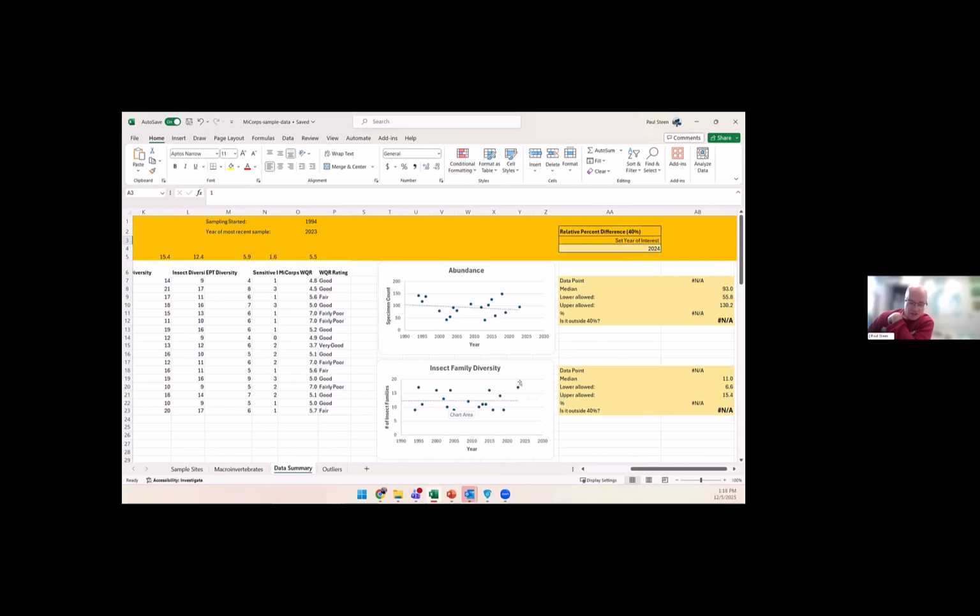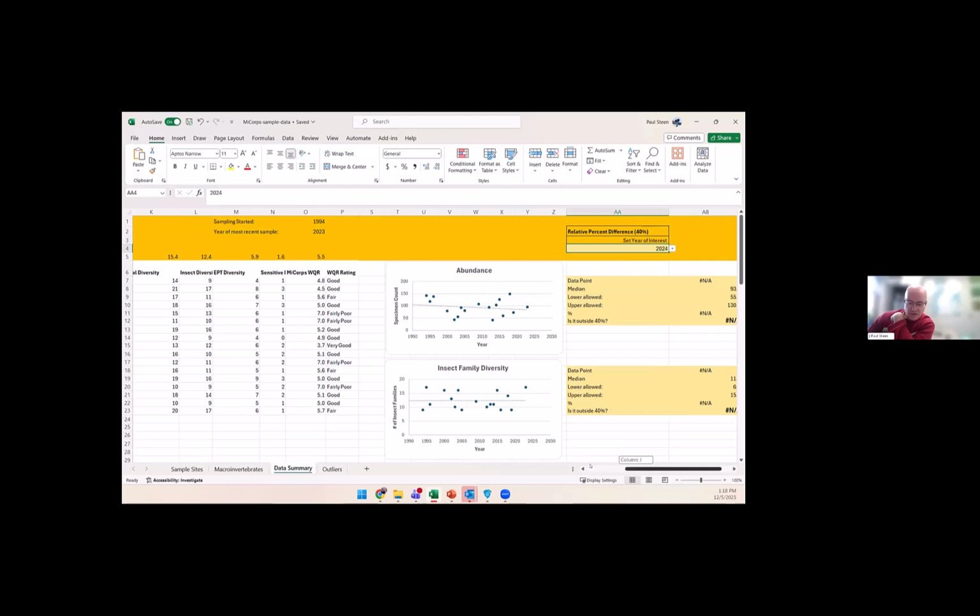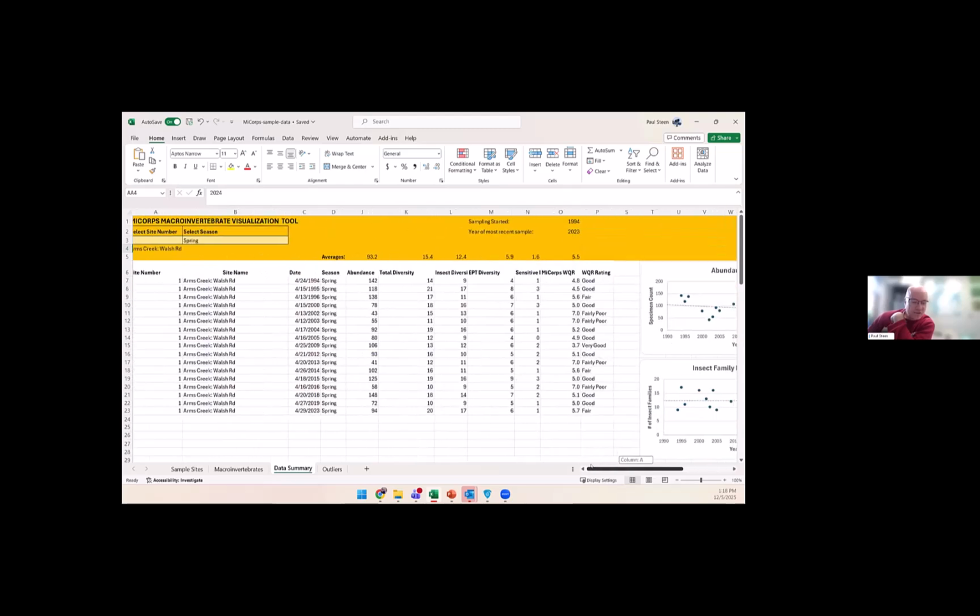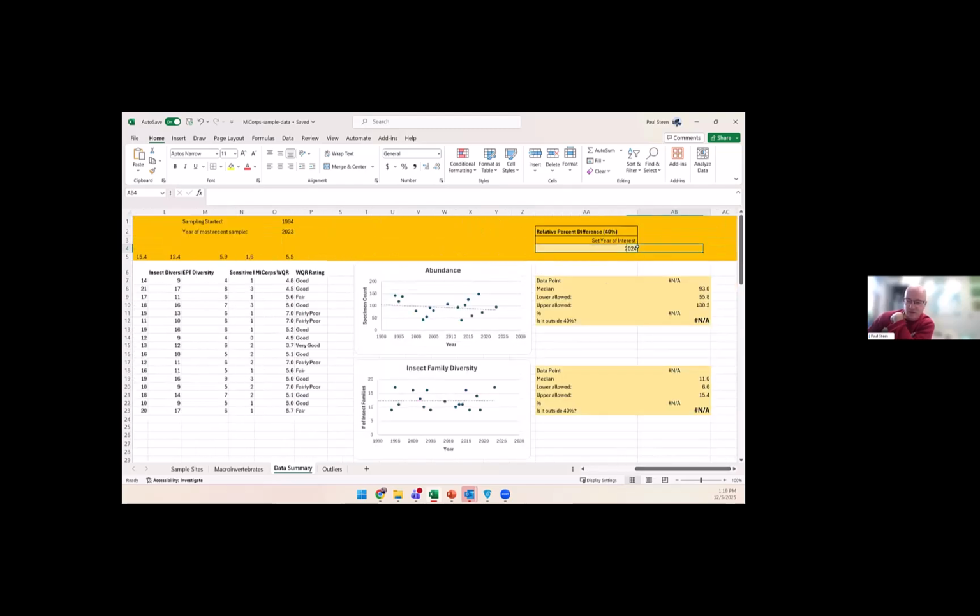So the question is, is this high point out of the ordinary for this site? So I've set up this fun check. The most recent data point is 2023, so I'll set this to 2023 to check that particular data point.